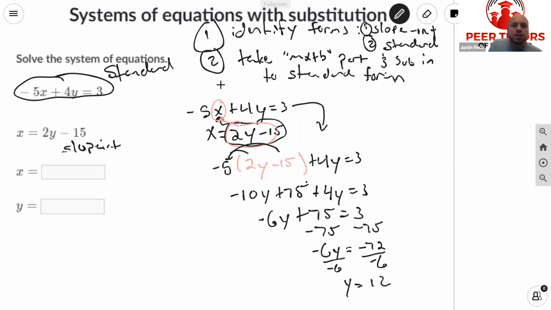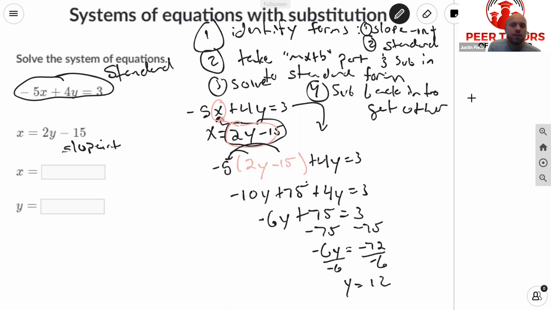Okay, so I guess the third step would be to solve. And then the fourth step is to sub back in to get the other variable. Don't ever forget we have two variables. All right, so now we got y.